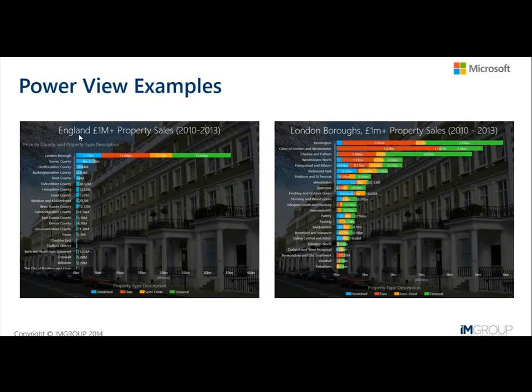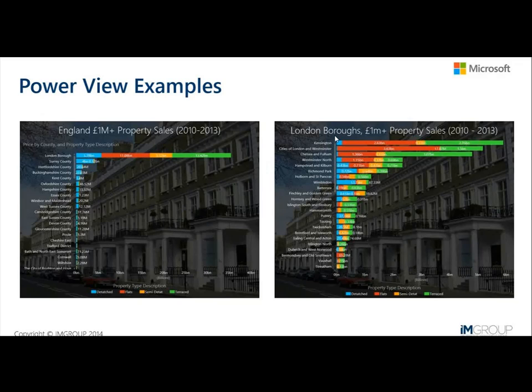The first one on the left is properties costing over £1 million between 2010 and 2013. You can immediately see by sales value, the sheer amount, I shouldn't say volume, the sheer amount that London contributes to that luxury market, if you like. Although £1 million today in London is not unusual. You're not necessarily talking luxury for that price.